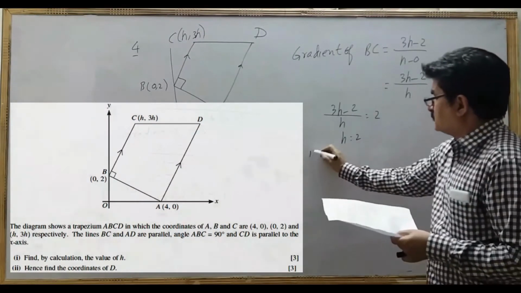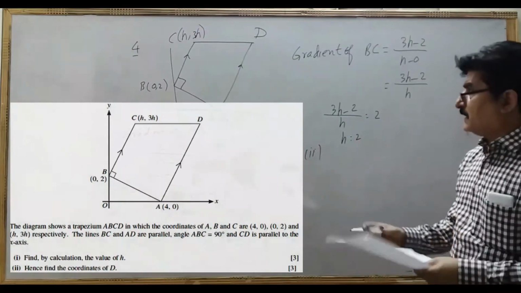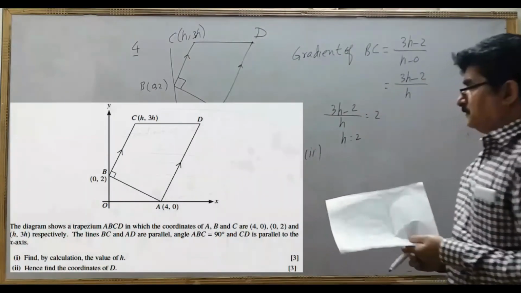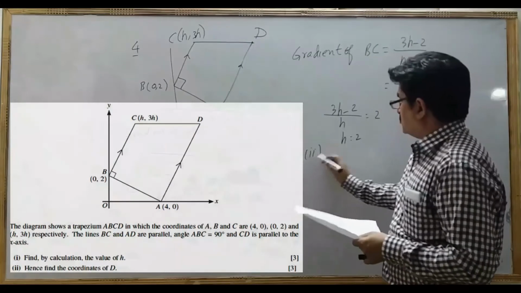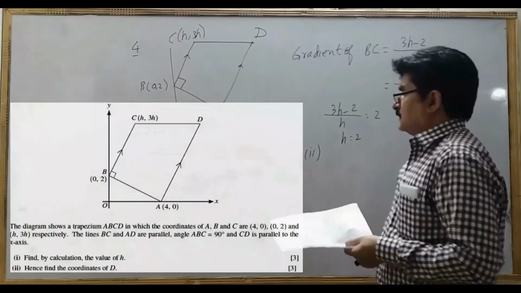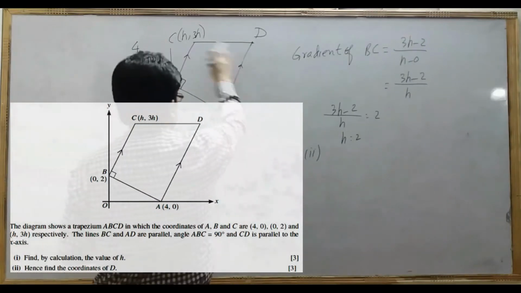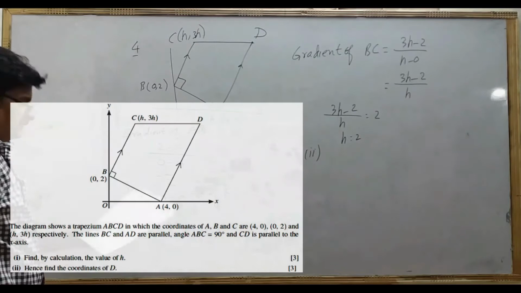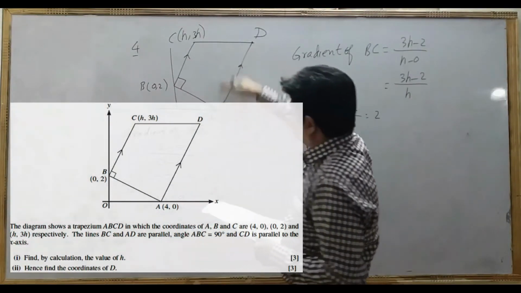Second part is, we are asked to find the coordinates of this point D. Now this is a very important part of this question. To find the coordinates of D, first of all notice from the diagram, this is very important, that C and D are at the same height.